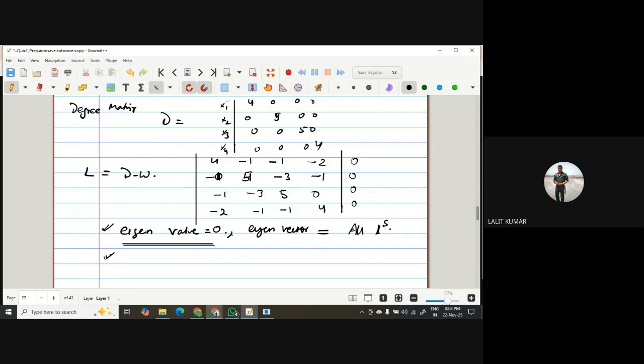And if you see, it is a symmetrical matrix. The property of this is that if you take any x and L, x transpose L x will always be greater than or equal to 0. Why? Because x transpose L x is equal to the summation of w_ij (f_i minus f_j) squared.